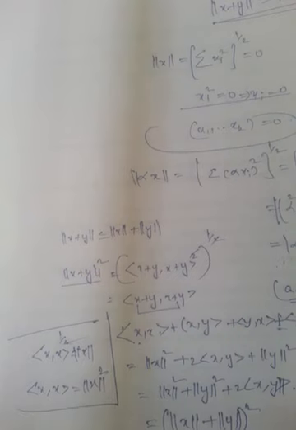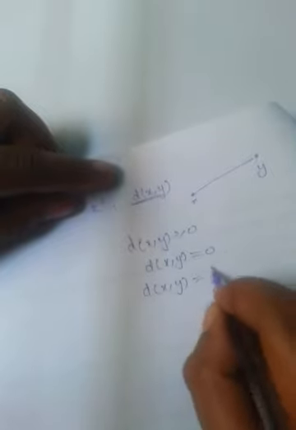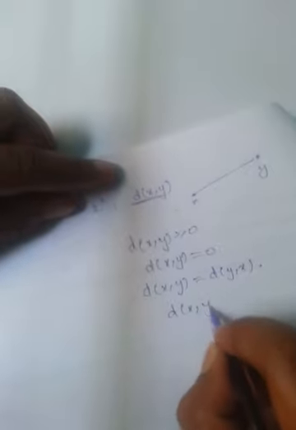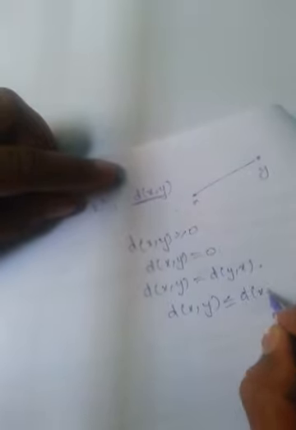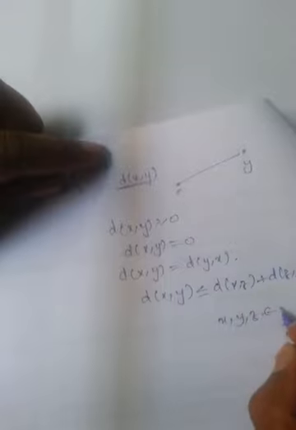D of x comma y will be equal to 0 only if x equals y. D of x comma y will be equal to d of y comma x, and also this triangular inequality, d of x comma y less than or equal to d of x comma z plus d of z comma y, if x, y, z belong to R^k. So this is pretty much easy. You can do it by yourself.